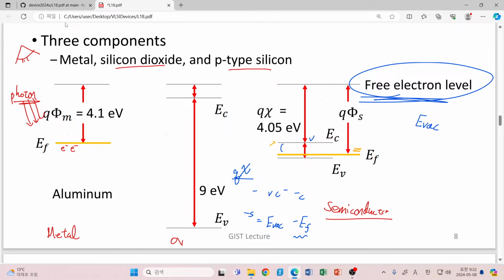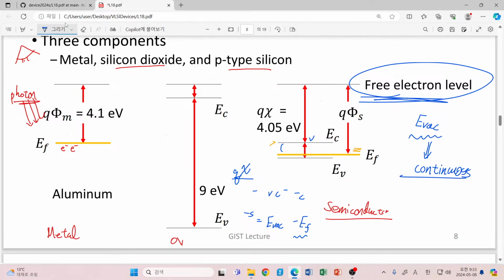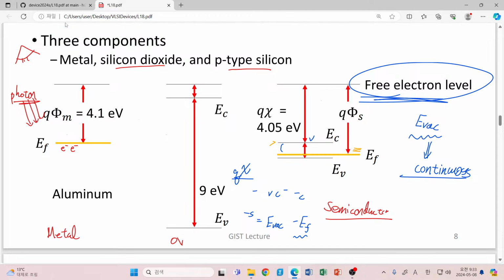So that free electron is not bound by our material. In this case, this free electron cannot feel the material discontinuity. So that's the reason why only this vacuum level should be a continuous function all over our system, in real space.